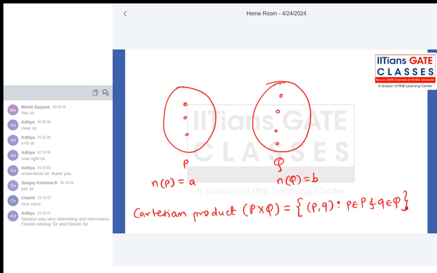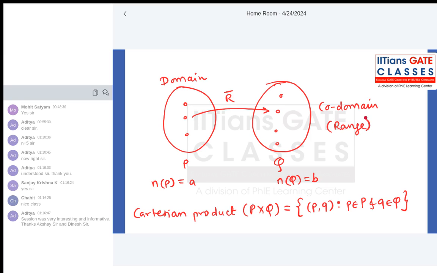But in our case, there will be a certain number of elements in P and Q, and we need to define a relation. Let's say we use a symbol R bar, and that will relate an element in P to an element in Q. Typically, in the terminology, the set from which you take the arguments for a function or relation is called the domain, and the set to which it is mapped is called the codomain, and sometimes the range also.